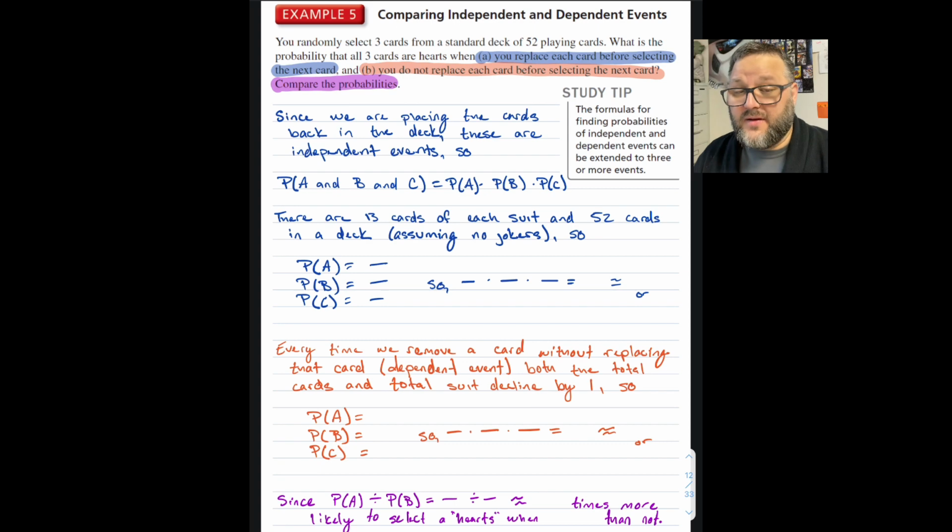So if there were 5 things we were trying to do, we find the probability of all 5 of those, we multiply them together, and that's our total probability of A and B and C and D and E.